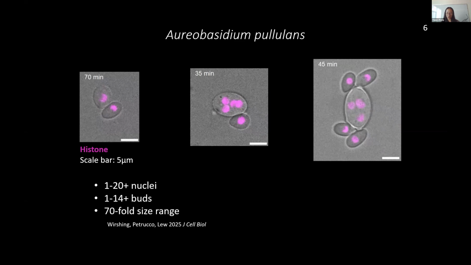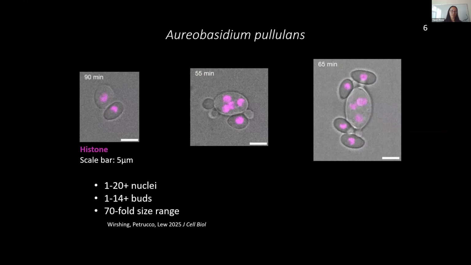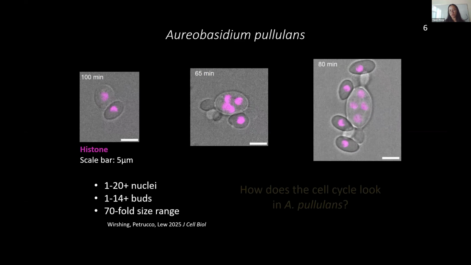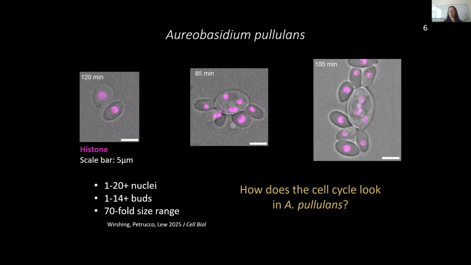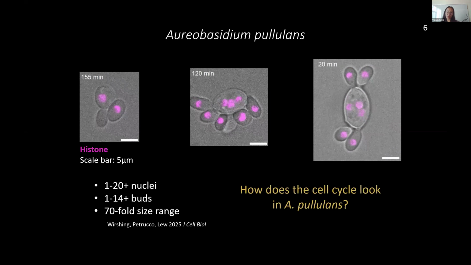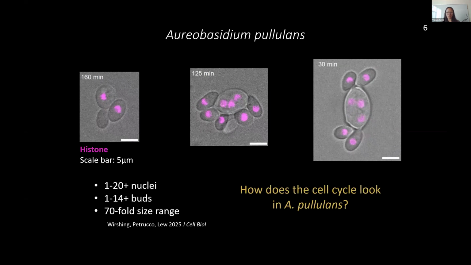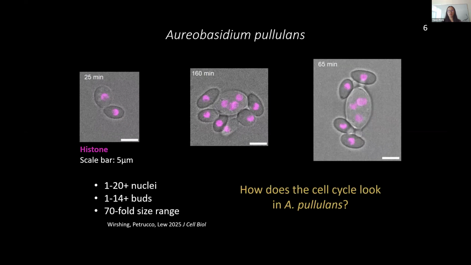If we then look at individual cells and the distribution of cell cycle phases in the population, we can see that there's also a huge variability. For example, if you look at the histogram on the right-hand side, there are cells that spend maybe only 30 minutes in G2, but then there are cells that spend up to 2 hours or even more in G2 phase.